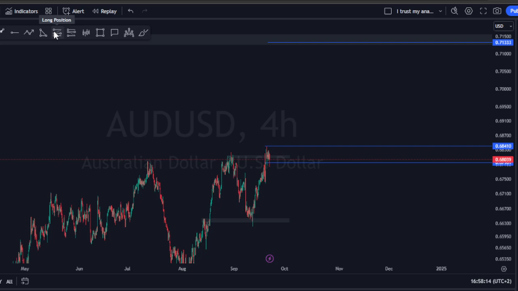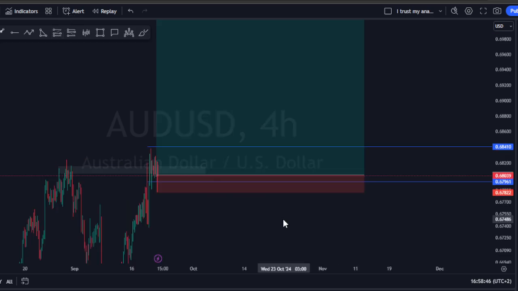So my focus will be when the market opens next week, I'll have my positions in place so that I am ready to capitalize. So this is what I'm anticipating for AUD USD for next week, ladies and gentlemen.